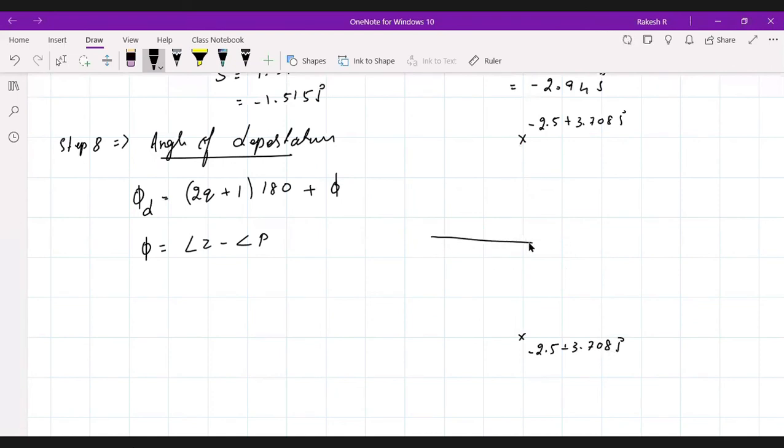Somewhere here we have the real axis, and after that we have one root, that is minus 1. This is 0 here. Here we had a zero at s equals minus 1, and at s equals 0 we had another pole, and at s equals plus 1 we had another pole, right?